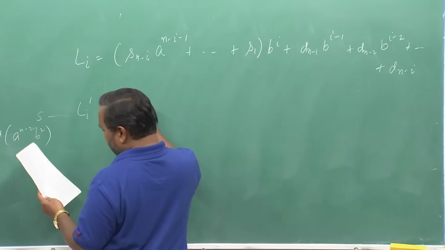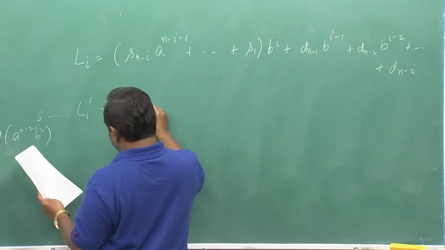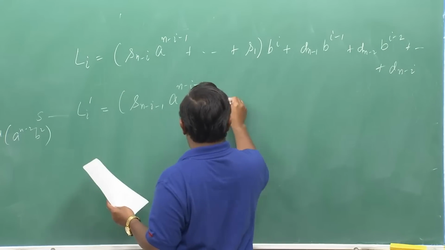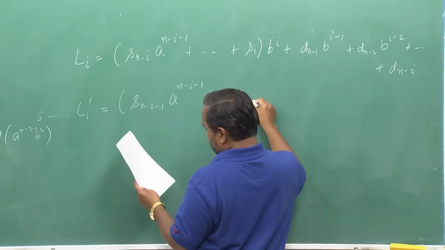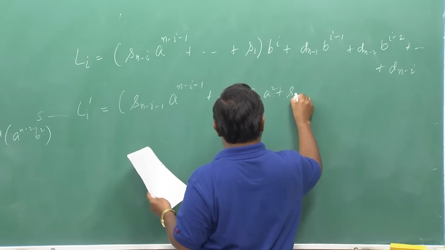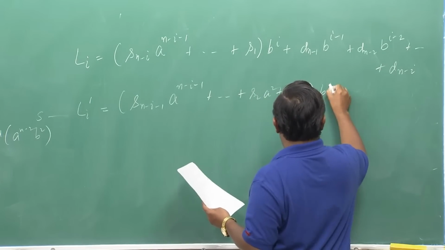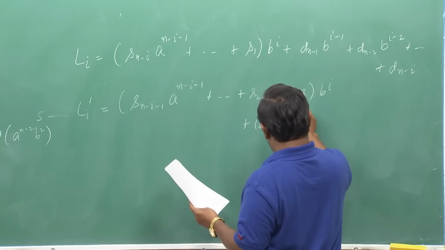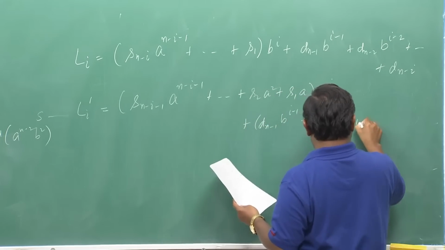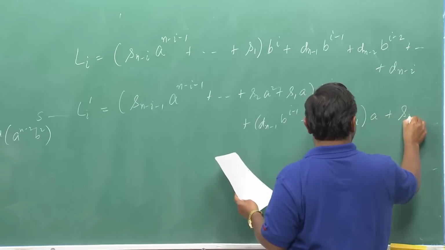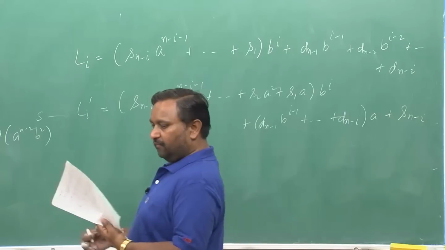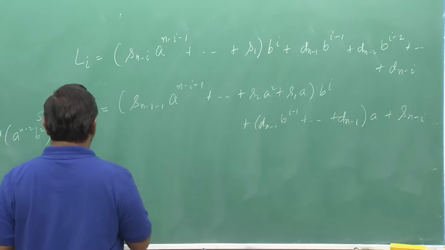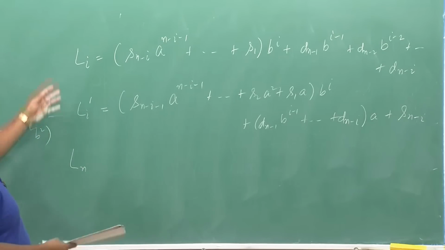So this Li prime should be S of n minus I minus 1 a raised power n minus I minus 1, and so on, d of n minus I into a plus S n minus I. And of course, once we know this, we can find out what will happen after the nth stage, what will be Ln. So this can be proven using the same procedure.